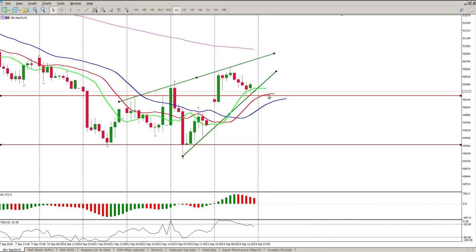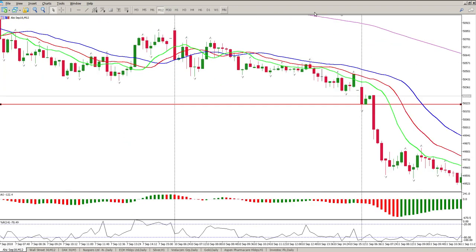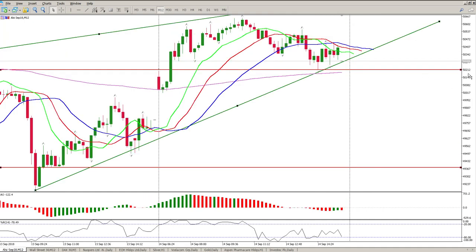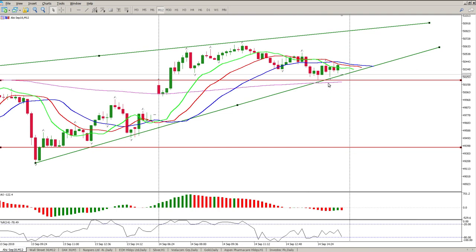Okay, so I suppose we do have this big daily gap here as well, which could very well be a magnet. Okay, so summary, I'm expecting a gap down. Let's just get to 12 minutes. Right, so I'm expecting a gap down, more than likely below the 200 here, then rally up a bit, maybe even close that gap before we continue our move to the downside.